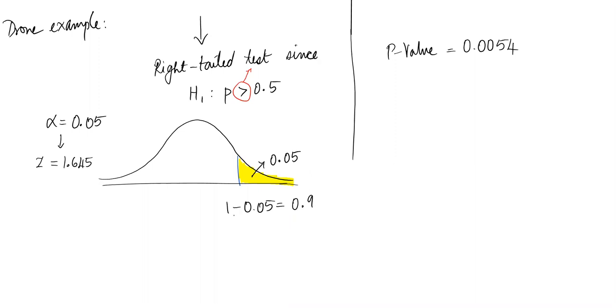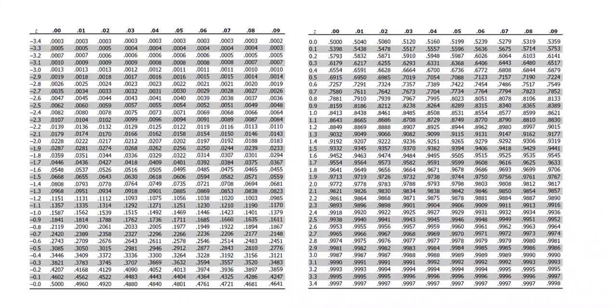So where was I? 1 minus 0.05 is 0.95. So then you go to the body of the table, and where's 0.95? Well, this seems to be the closest. Let me highlight that. It's between this and this, right?